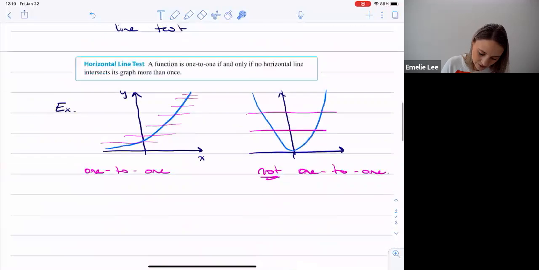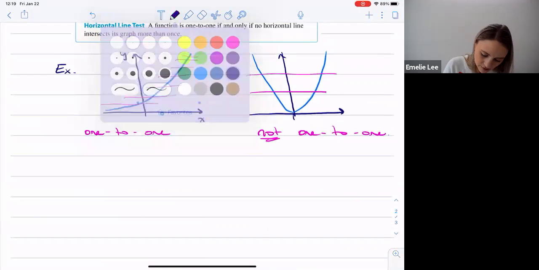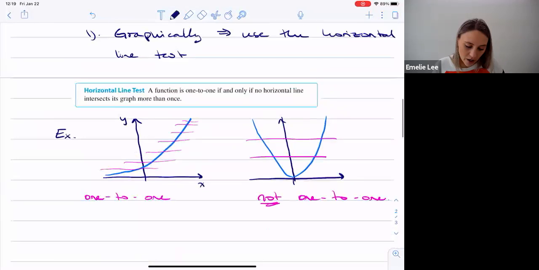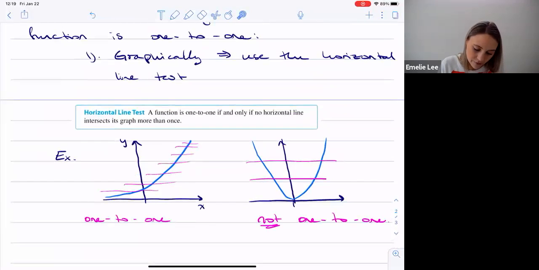So let's see here. The other option for checking to see if a function is 1 to 1, so graphically is a nice, easy way you can use a horizontal line test. The other way is to check it mathematically. Now, the ones I give you will be kind of easy.